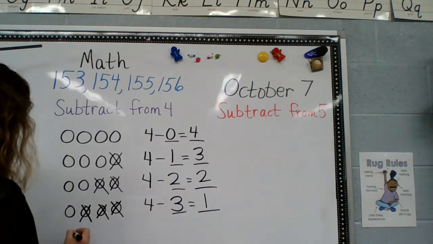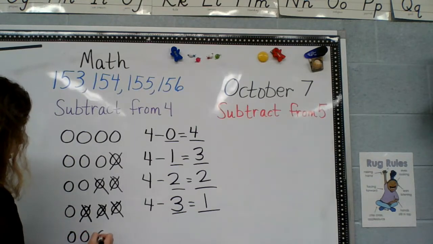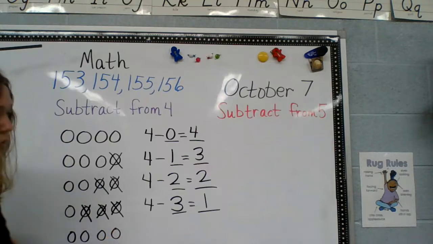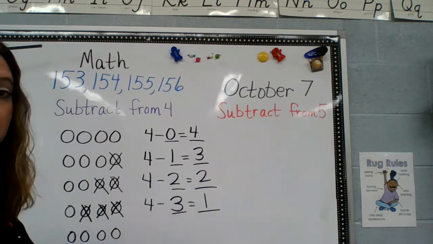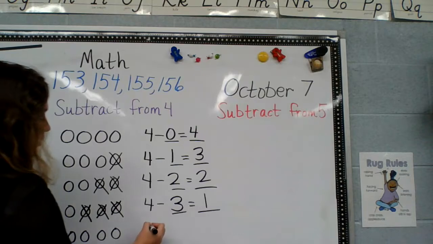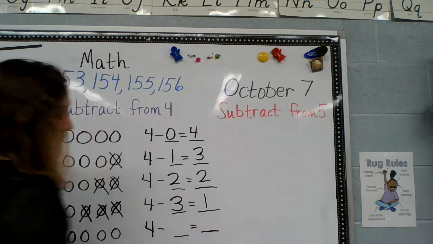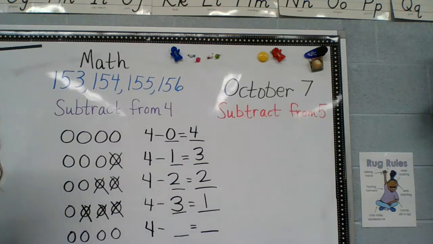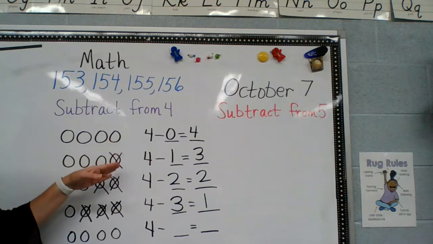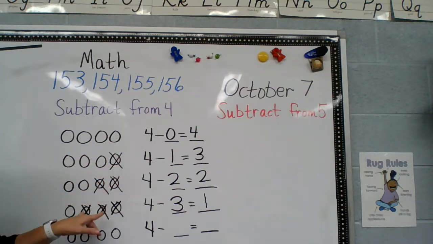Okay, we have one more problem we're going to do. So again, we're drawing 4, and our number sentence, 4 minus blank equals blank. This time, we crossed off 0, we crossed off 1, we crossed off 2, we crossed off 3.